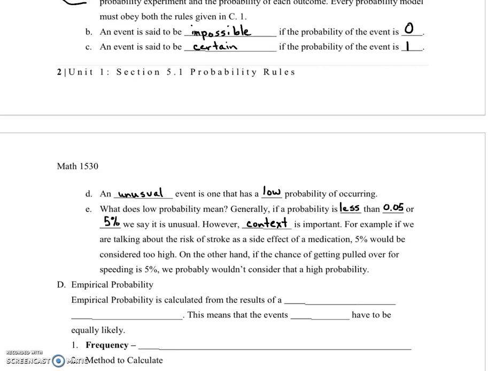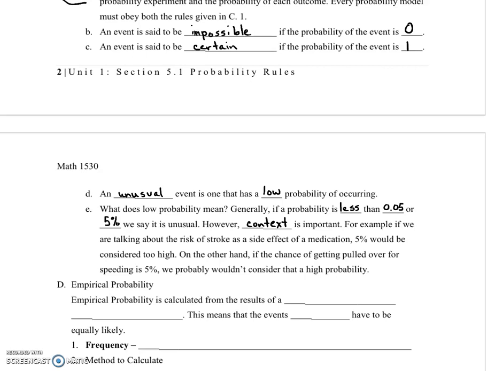We would say that's too high. So it just depends on the context. Like if we had a 5% chance of getting pulled over for speeding, we probably wouldn't consider that a very high probability, and so we would probably speed anyway.